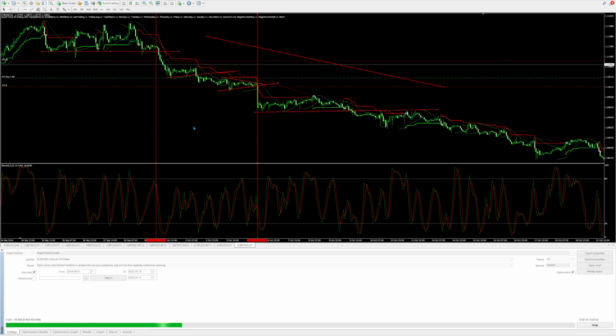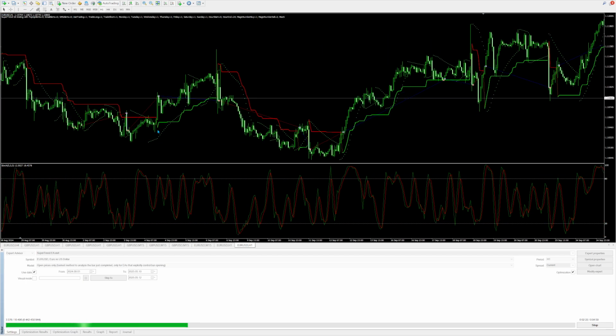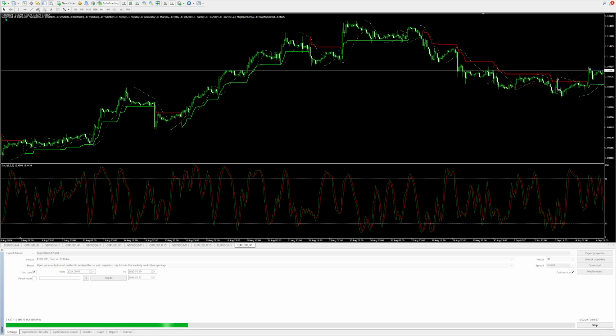So then you'd get an alert when the super trend is, let's just find another example here. Okay, so you could get an alert when the super trend is moving up and the stochastic is extreme, which would be here. And there you go.